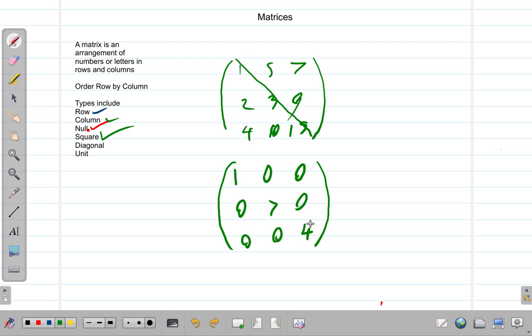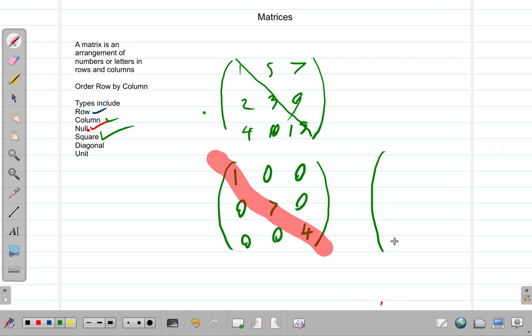The diagonal matrix, in this case, is really a matrix that has all the elements except the leading diagonal equal to 0. Now, this diagonal, upper left to lower right, is called the leading diagonal.